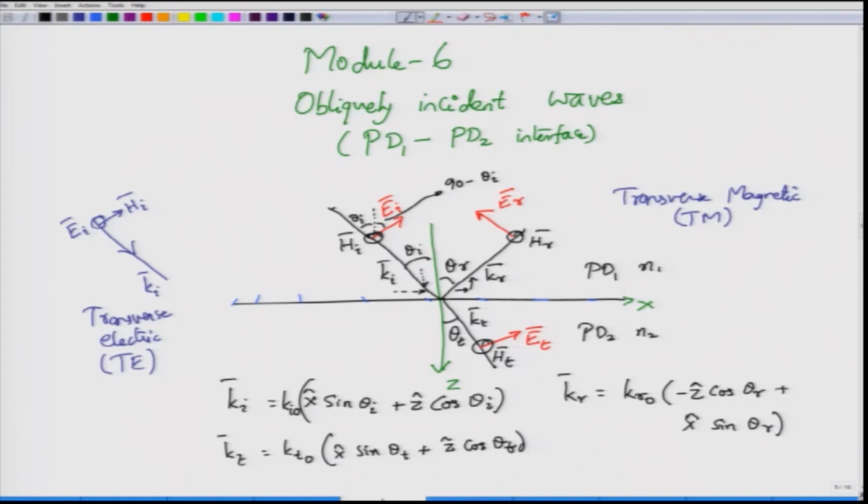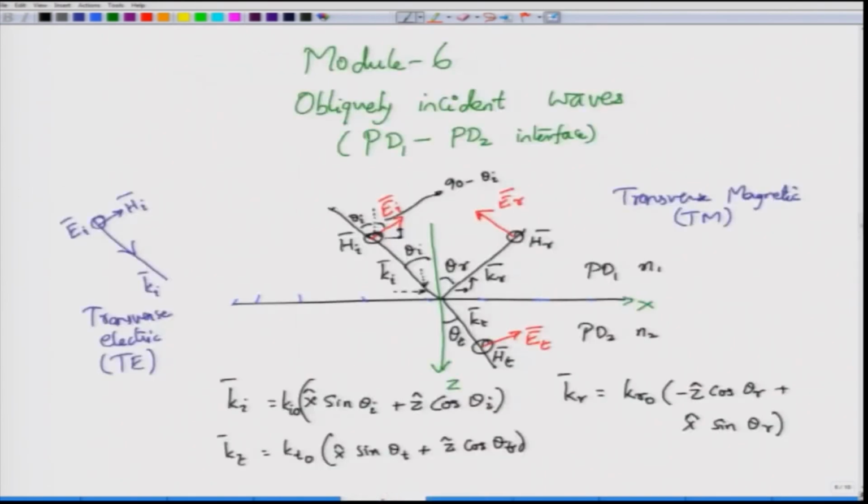So, I have one component of electric field EI directed along the minus z direction, that would be this one, and then I have an electric field component directed along the plus x direction, which is this one, with of course the sine and cosine considered appropriately.